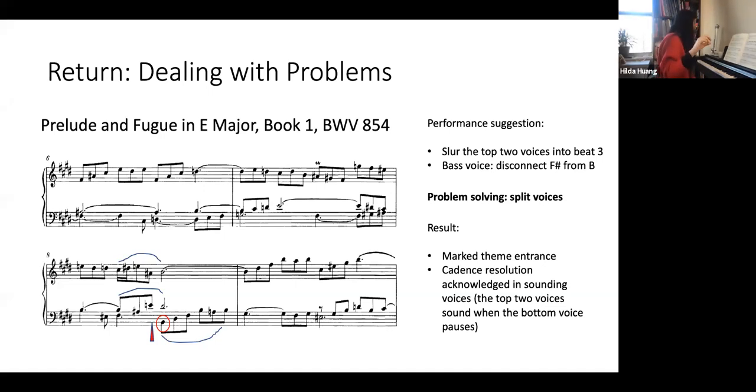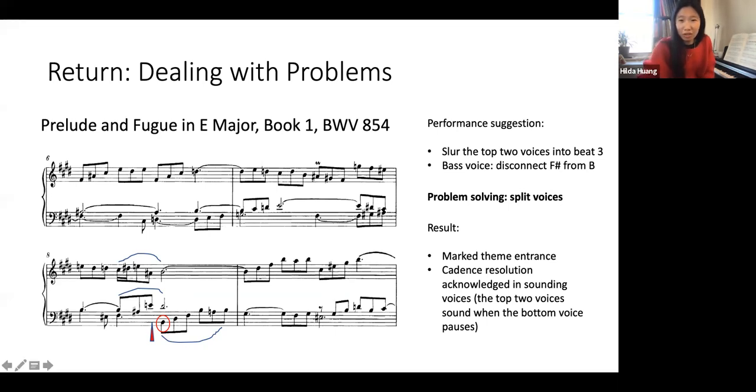And here, the top two voices are connected, but the bottom is separate. It gives a lot more contour and interest to that passage, I think, because it makes us aware that there's more than one thing going on, which after all is the contrapuntal nature of the piece.